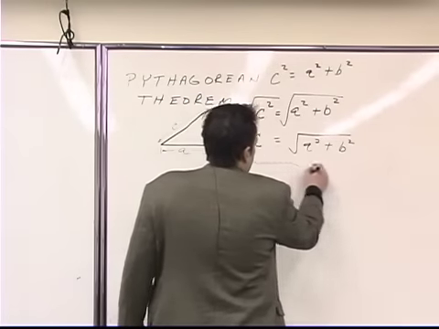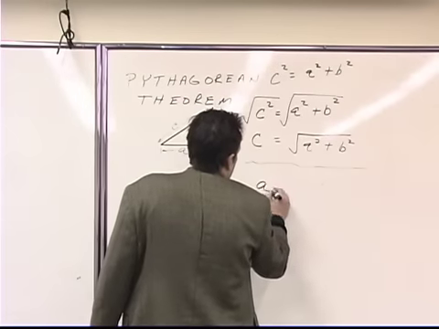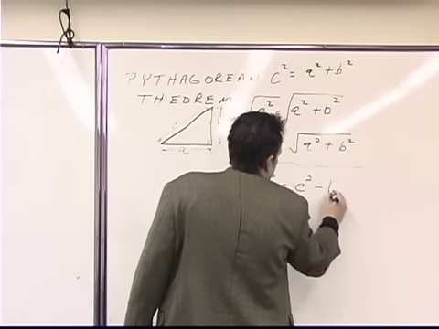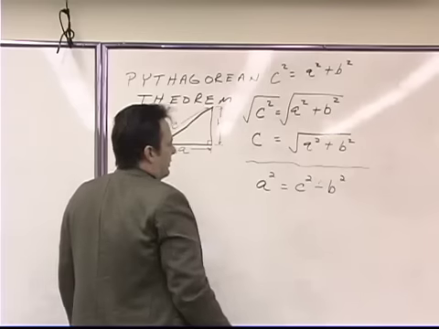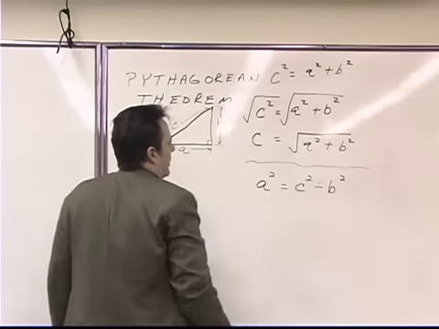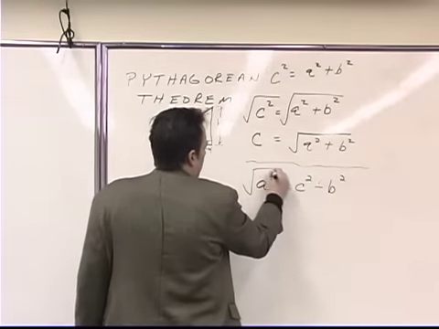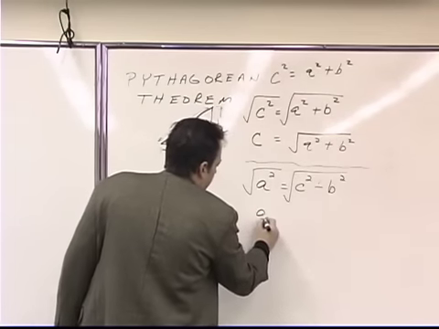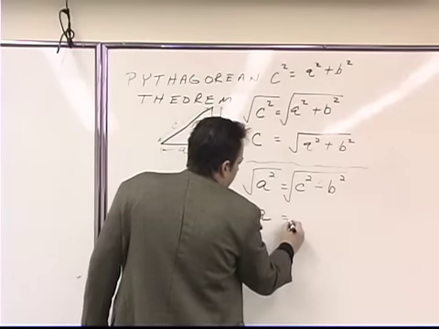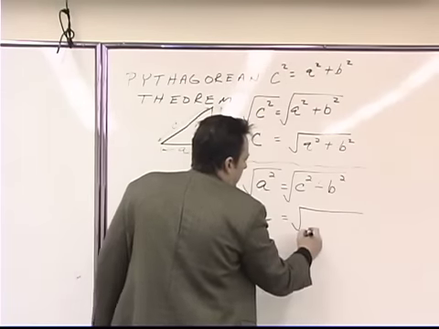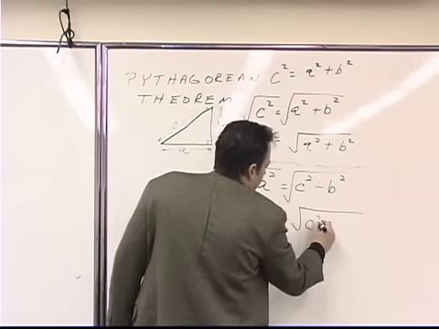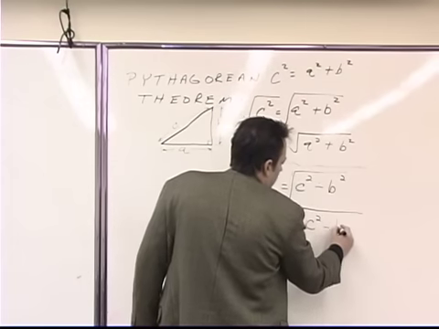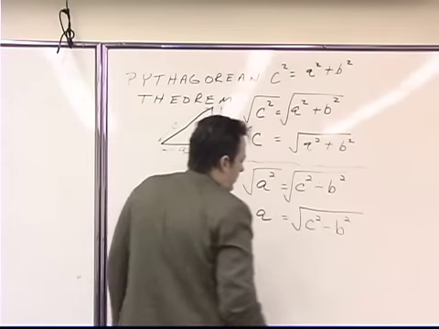So if A squared is equal to C squared minus B squared, then by doing the same mathematical operation, in other words, taking the square root of both sides of the equal sign, we would get that the length of the side A is equal to the square root of the length of the hypotenuse squared, minus the length of the vertical side squared.